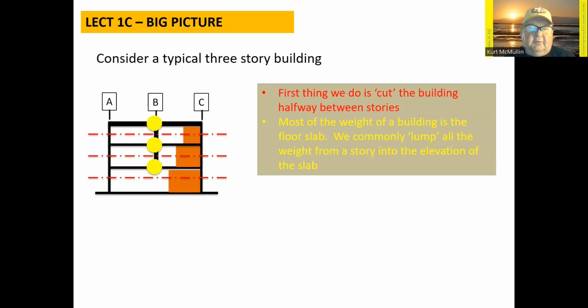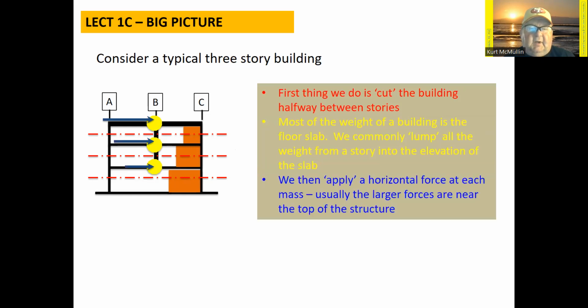So we often lump all of the weight from anywhere above that red line into what we assume is a single weight or mass at the story level. Now it's a dynamic event going on, so that mass gets accelerated. But as I say, we usually replace that mass times acceleration with an equivalent lateral static force that's being applied at each story level for the design of this building.